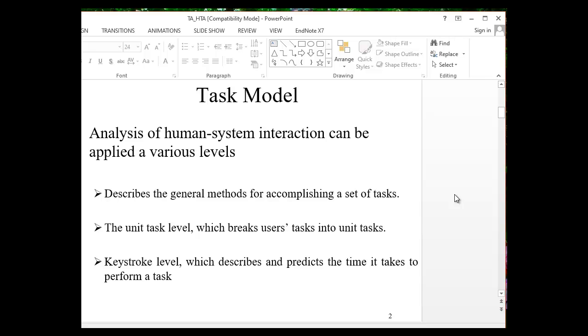The very last bullet I included is keystroke level. We will predict time for the task. This is also a very important step that we must tell our client or our user the time in which we can complete this task.